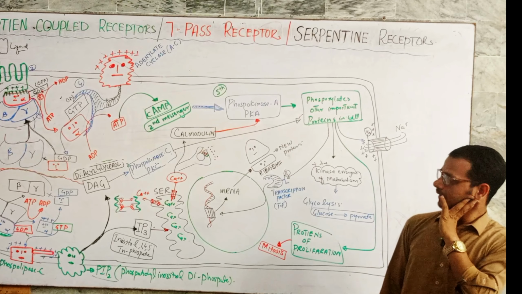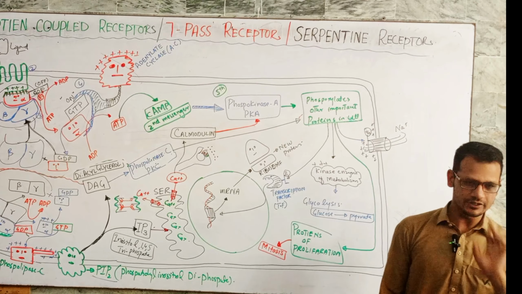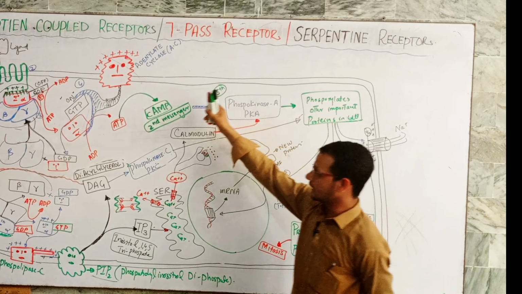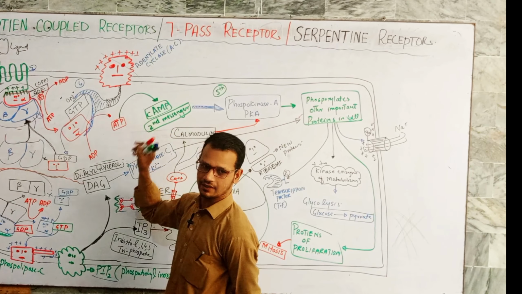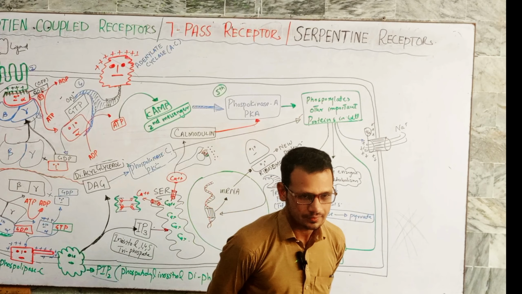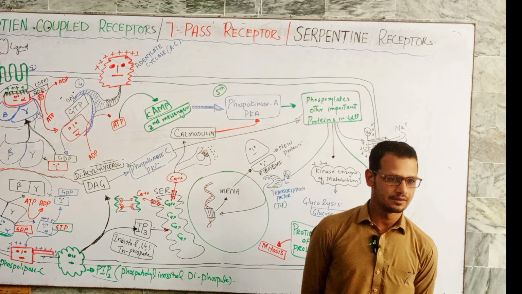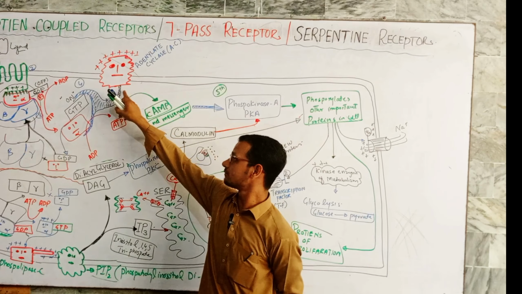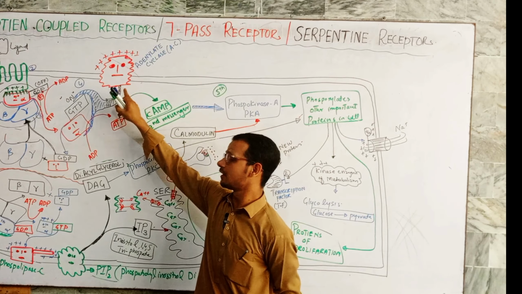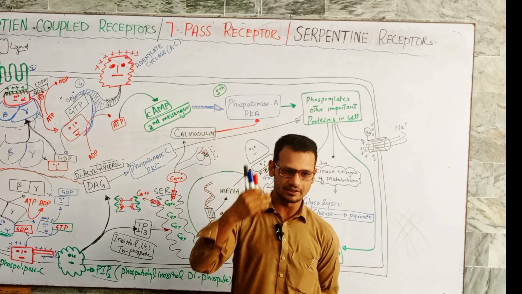Gi cannot deactivate this protein. Gi can deactivate this second messenger. What do you think? How will they be deactivated? If it remains activated, it will form some issues in the cell. It will superactivate the cell.